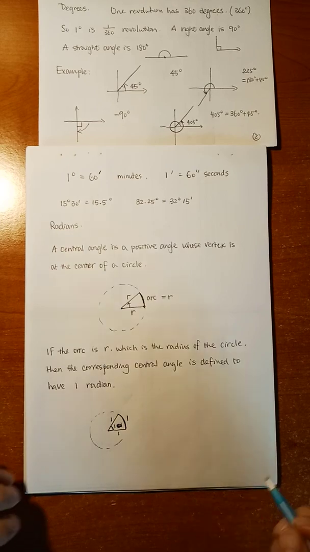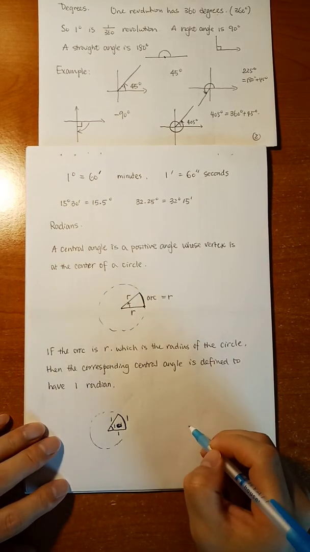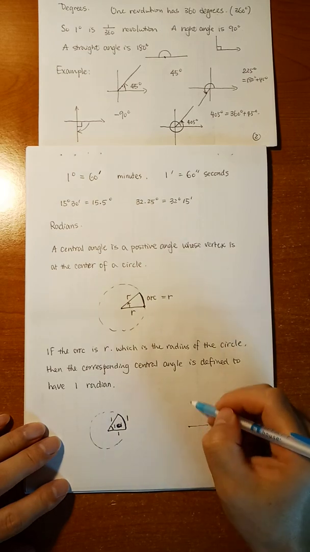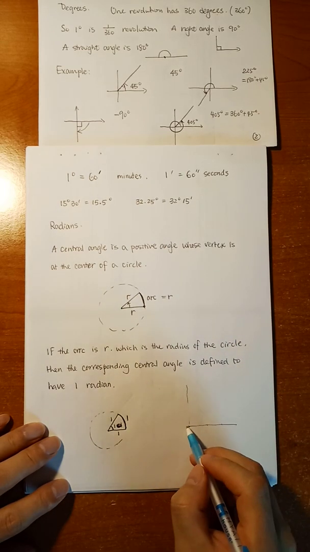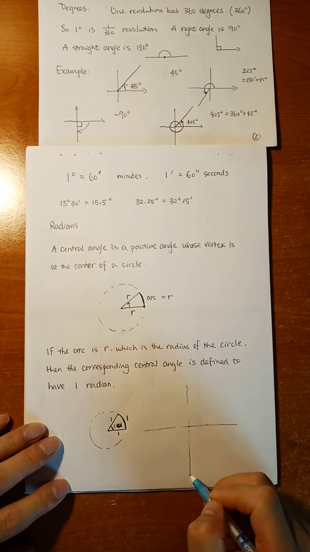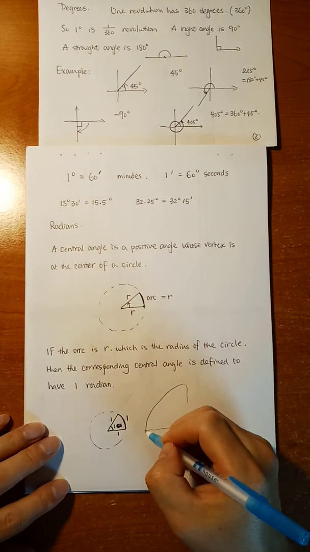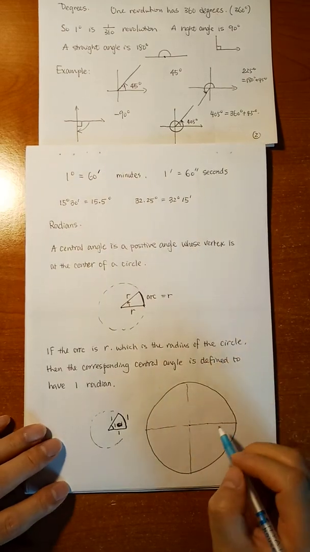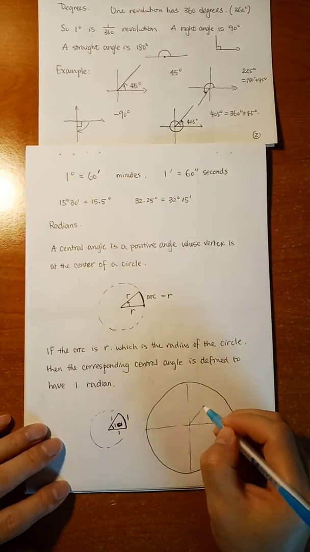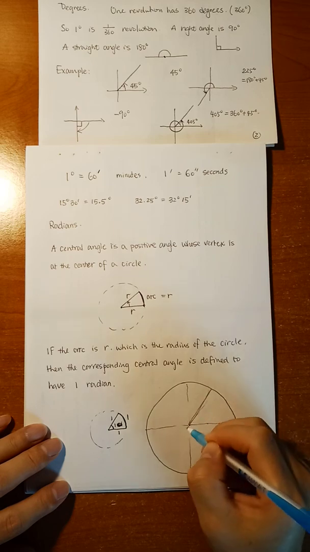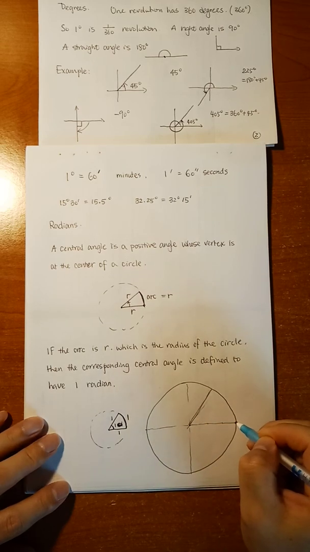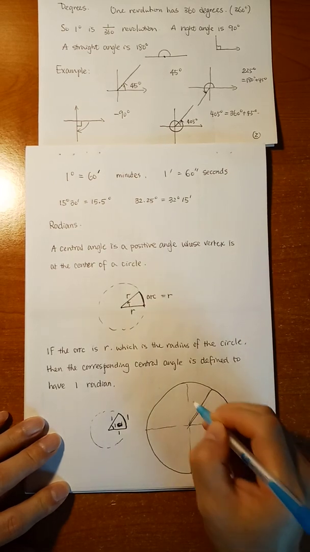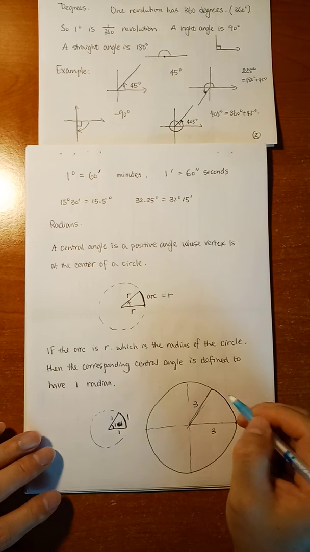Or if your radius is 3, you start from one point and go 3 lengths.